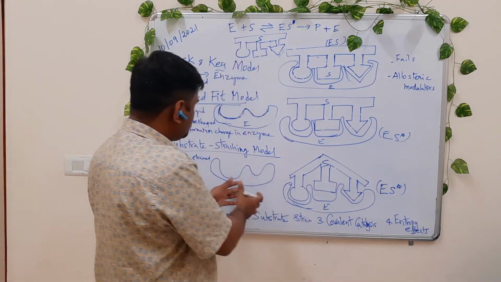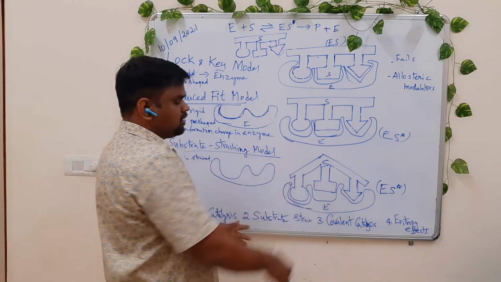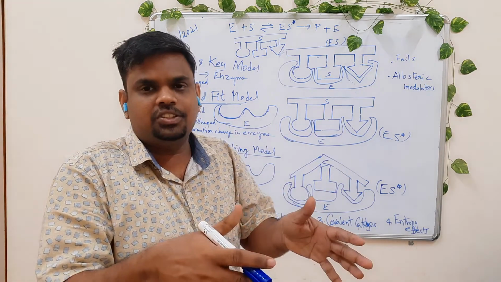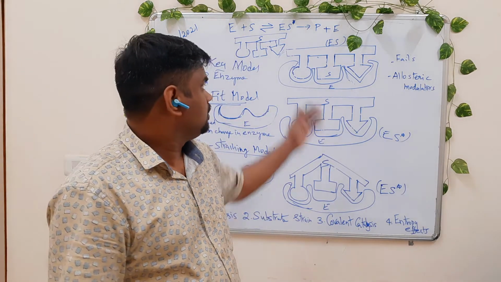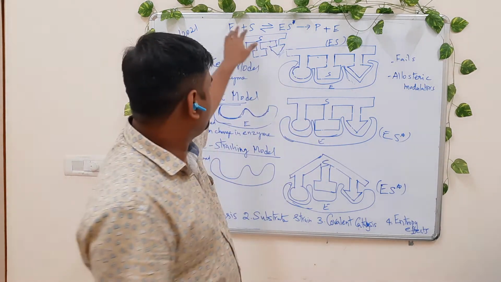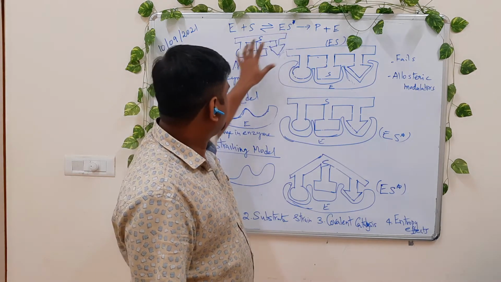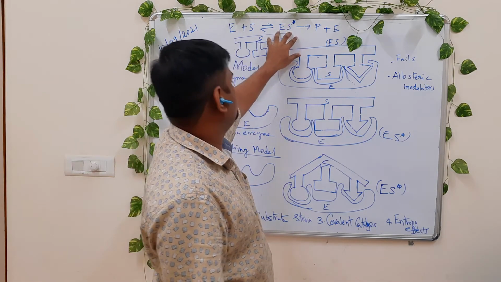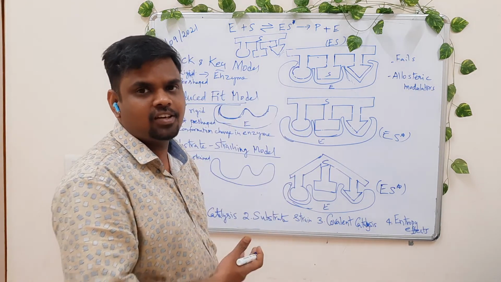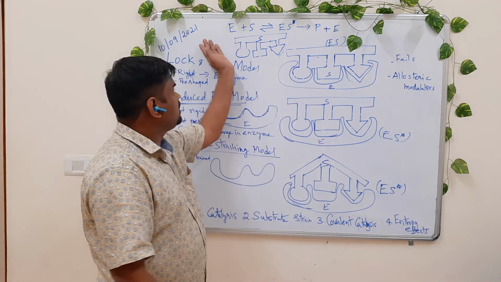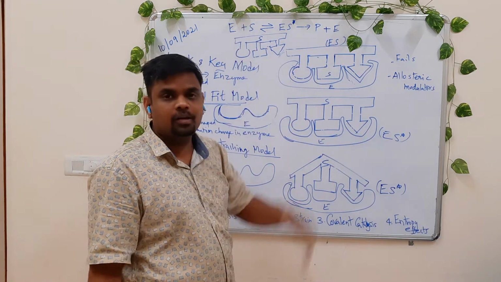And not just the enzyme, in the substrate straining model the substrate also changes its shape a little bit to form the intermediate ES. Remember, in E plus S giving ES, we are discussing how this ES is formed and how it helps in reducing the overall activation energy required for the reaction to convert the substrate S into product P.